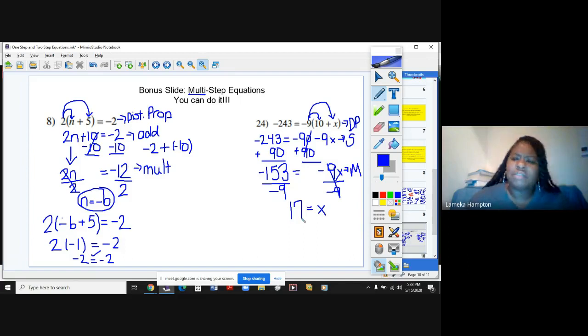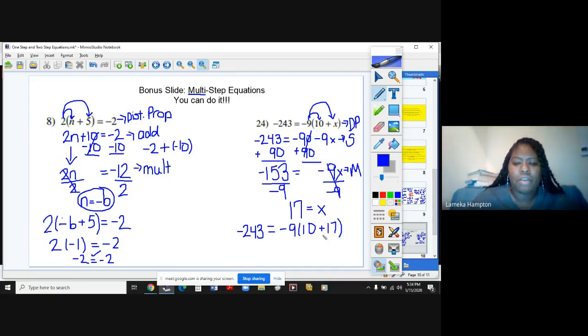Now, just to make sure that you know that I'm right, because that's what I do, I'm going to check my work. So I am going to put down here negative 243 is equal to negative 9, and that is multiplied by 10 plus 17.